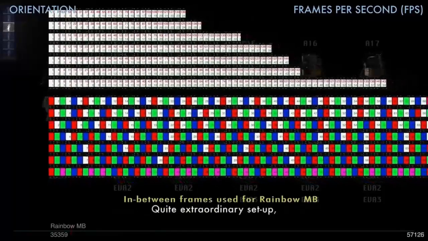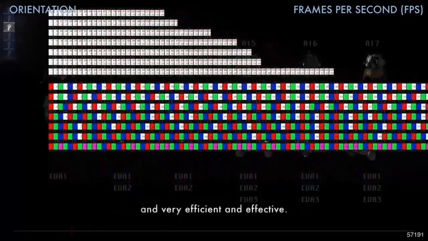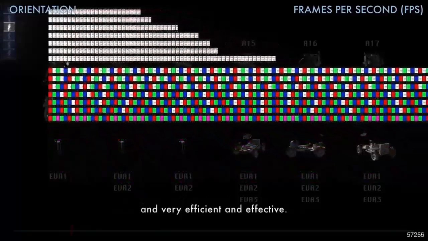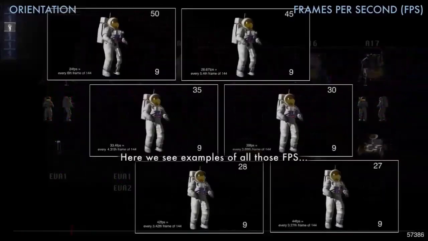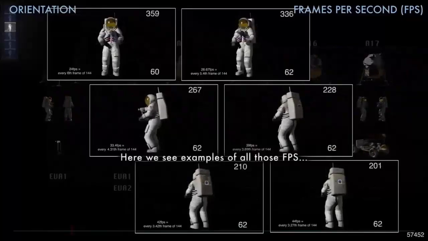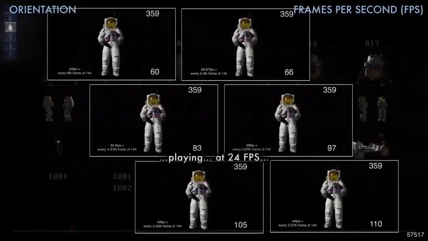Quite extraordinary setup, and very efficient and effective. Here we see examples of those frames per second, playing at 24 frames per second.